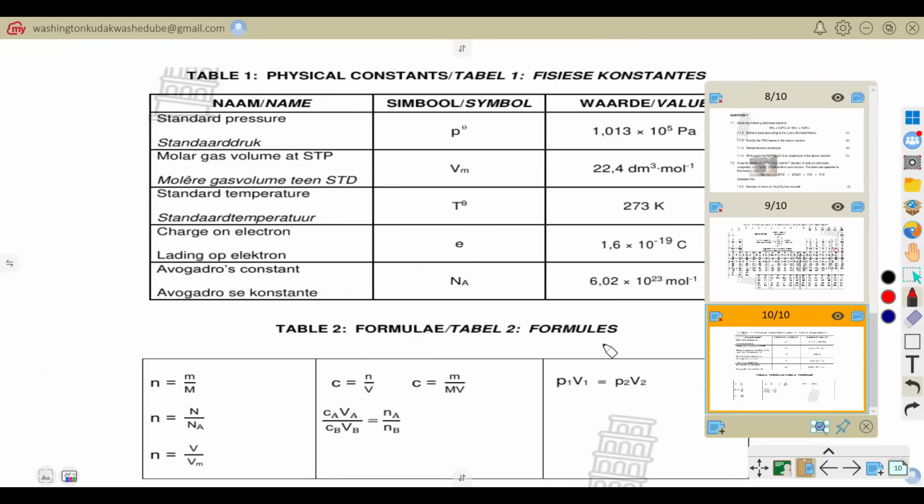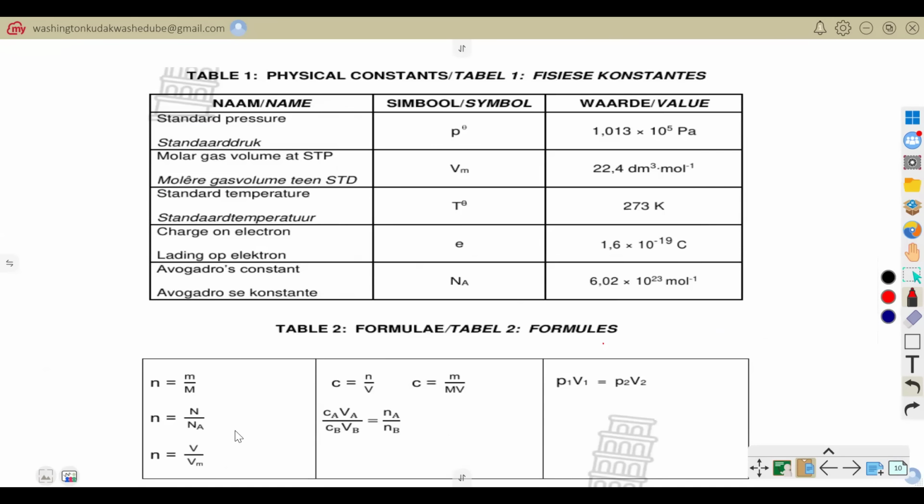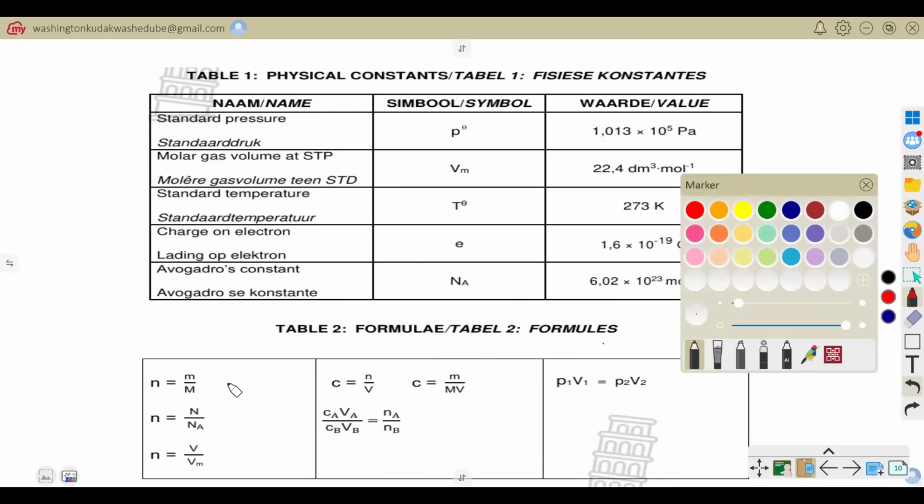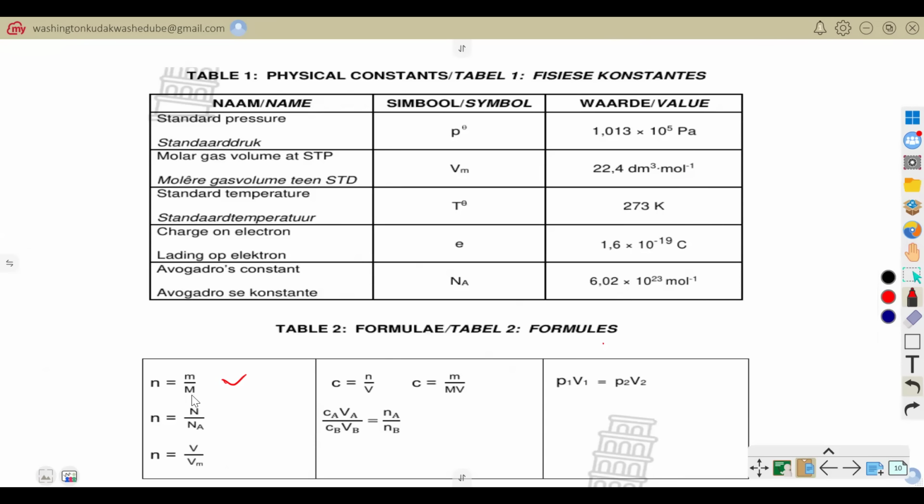Our formula sheet helps us pick the relationship that has the variables that you are given. You can find the number of moles using this equation where you are given the mass of a substance and the molar mass of the compound, or you are given the number of entities of that substance and you know the Avogadro constant, or you are given the volume of that substance where you know the volume at standard temperature and pressure.